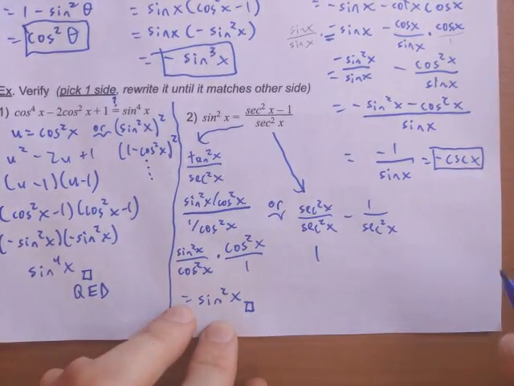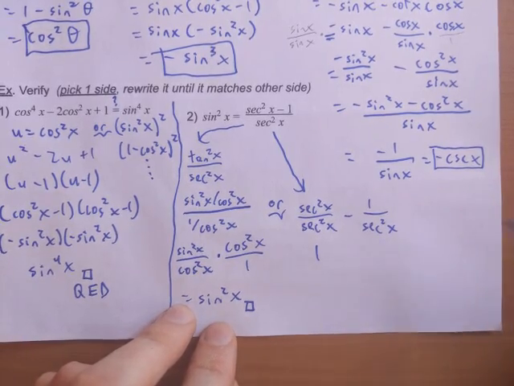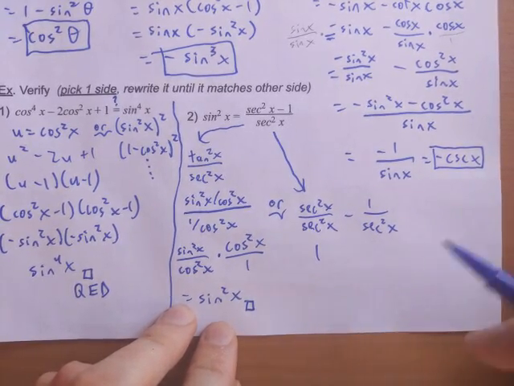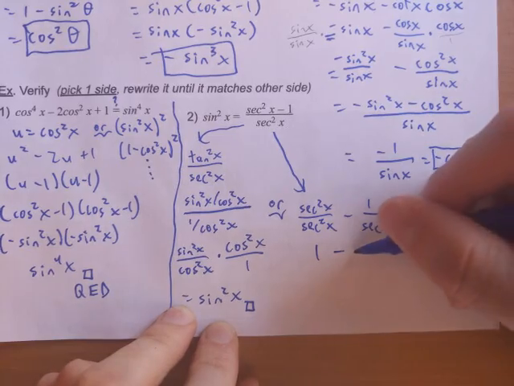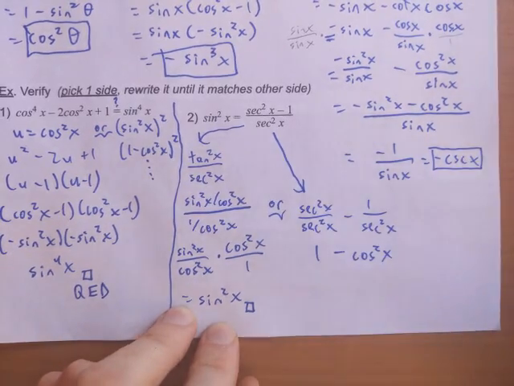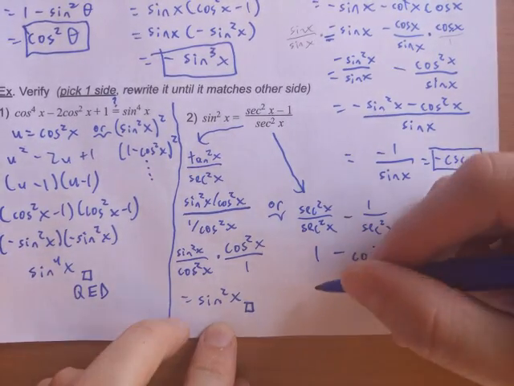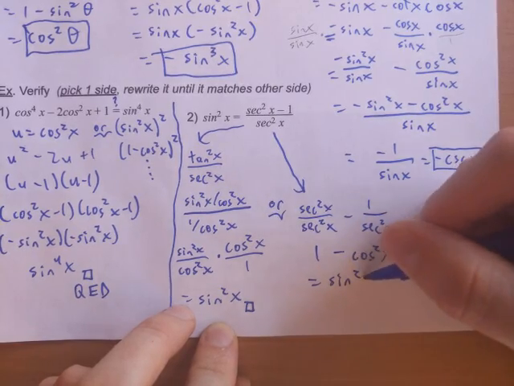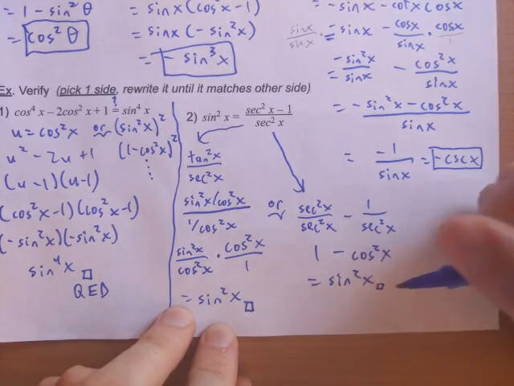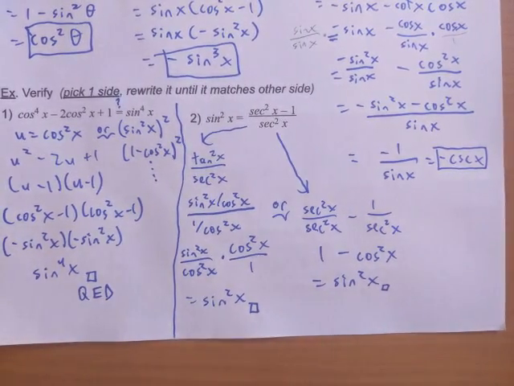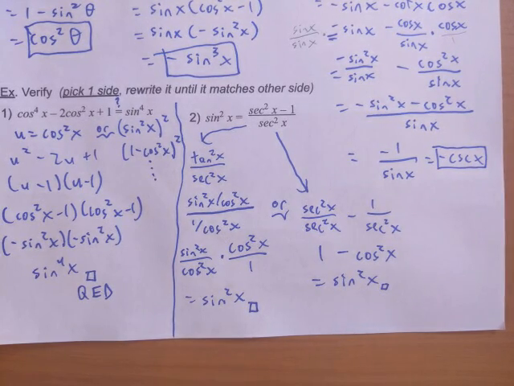And then just like cosine is 1 over secant, it works the other way as well. 1 over secant, that's cosine. So 1 minus cosine squared here, that just equals sine squared. So you have lots of different ways to do these here. Just kind of play around with them. Just try things. A lot of us actually find these a little bit fun, so try to have some fun with them.